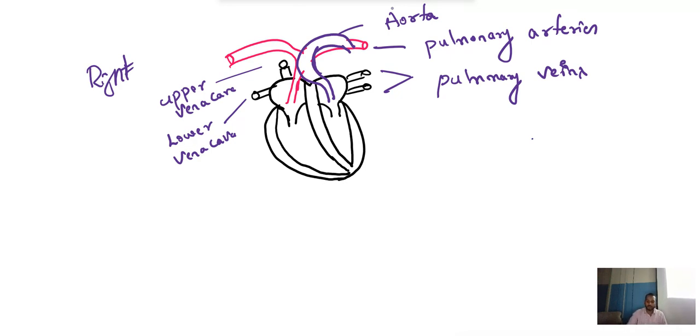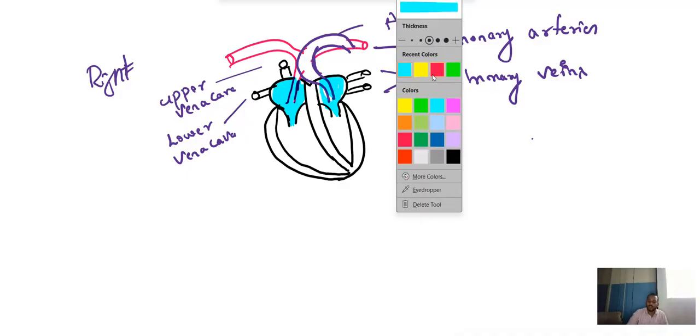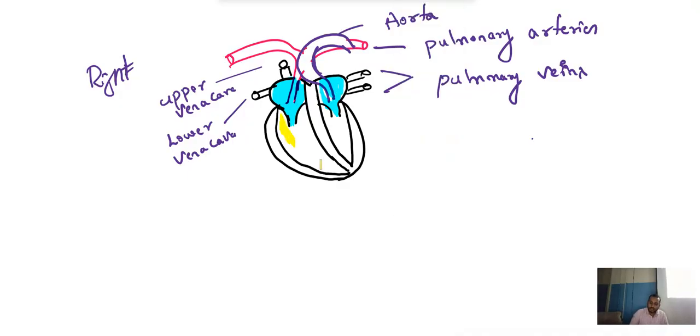Any doubts? Now, please observe here carefully. This is one chamber. Can you see the part which I am highlighting? This is one chamber. This is the second chamber. Children, are you following? And this is the third chamber.